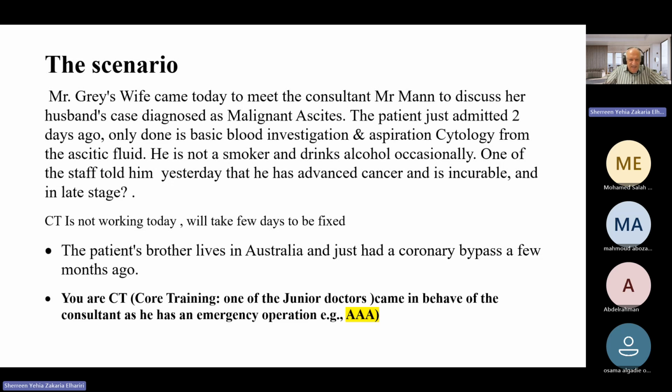You are CT. CT is core training, like SHO or internship in other countries. You are a junior doctor who came on behalf of the consultant, as he has an emergency operation, which is an abdominal aortic aneurysm injury, rupture or impending rupture of an aortic aneurysm.